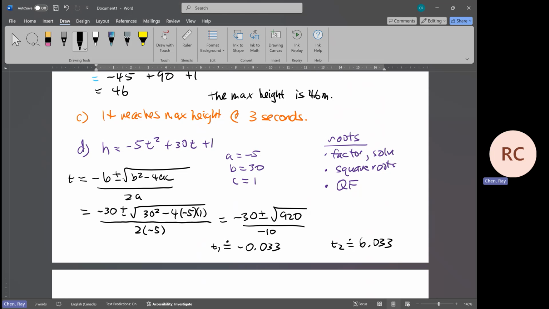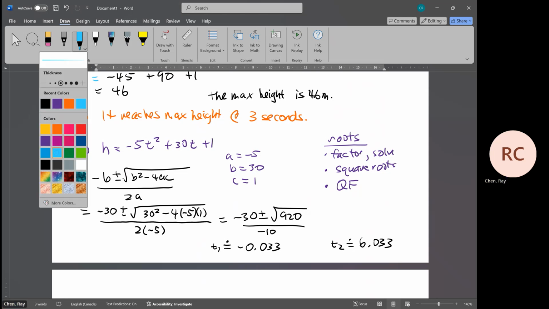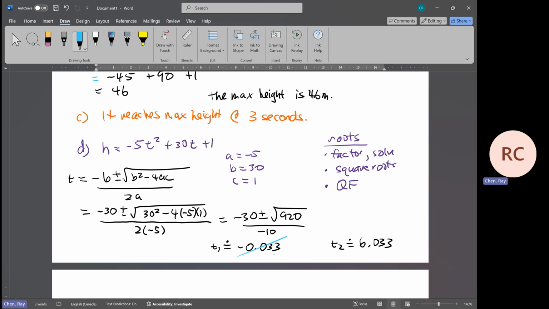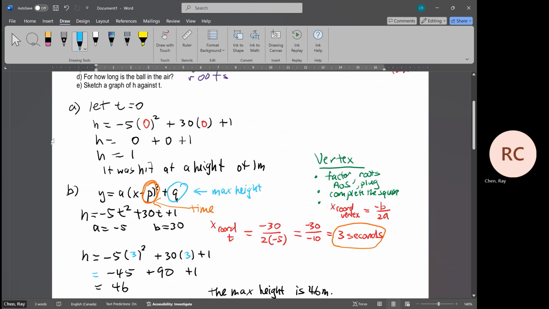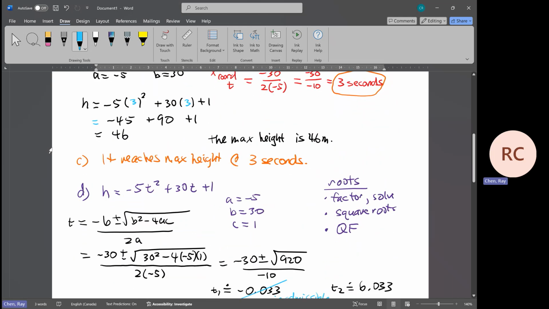Now notice, the first answer is negative, so this answer is considered inadmissible. So the time that it actually takes, and I'll draw a sketch so that we can get the answer also for question E in a moment.